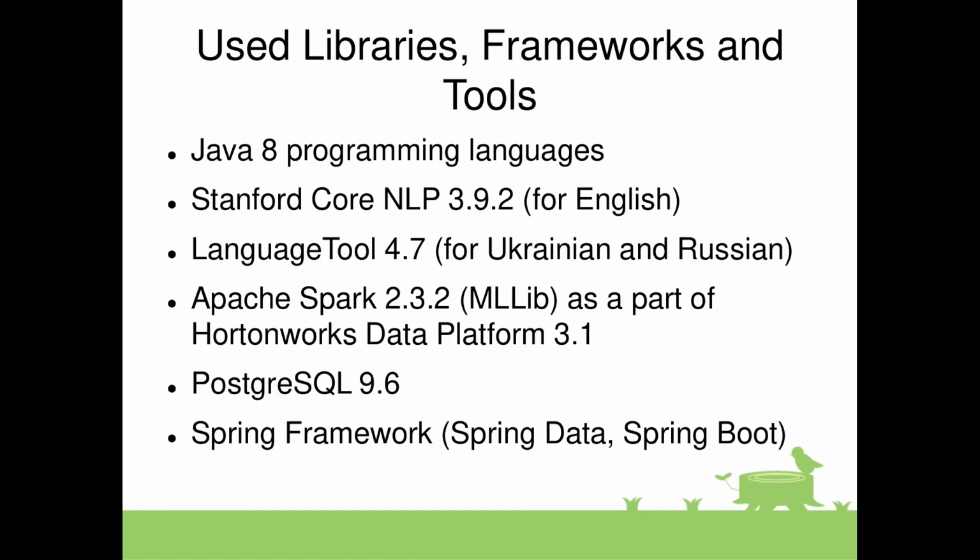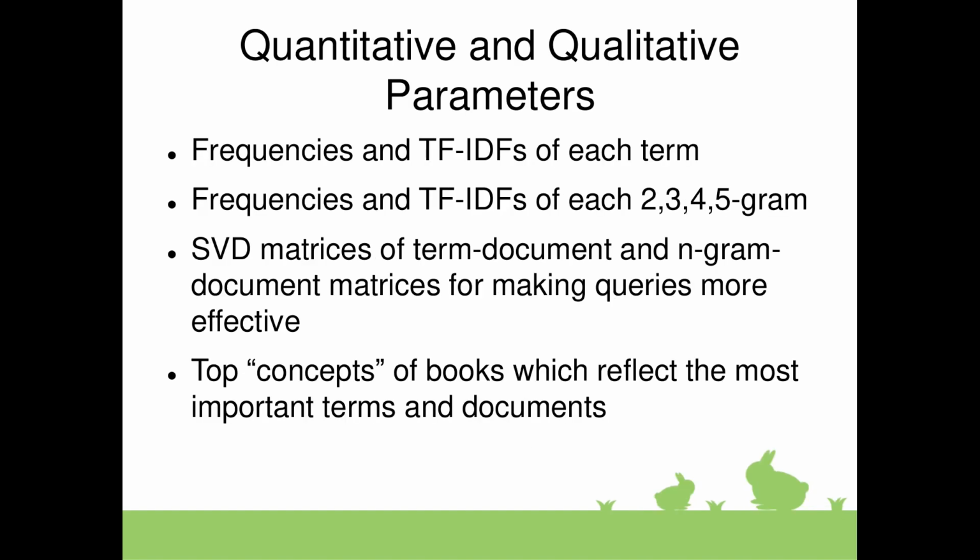Tools and libraries which we used in this research: the Java 8 programming language, Stanford CoreNLP, LanguageTool for Ukrainian and Russian languages, Apache Spark version 2.3.2, which is available in Hortonworks Data Platform, PostgreSQL version 9.6, and Spring Framework, especially Spring Data and Spring Boot, to make the web UI.